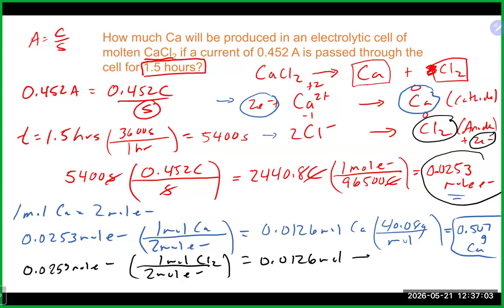And once again, if you wanted grams of chlorine, you could use the molar mass of it. If they gave you a pressure and a temperature, you could have figured out the volume of chlorine gas you would produce by using the ideal gas law.